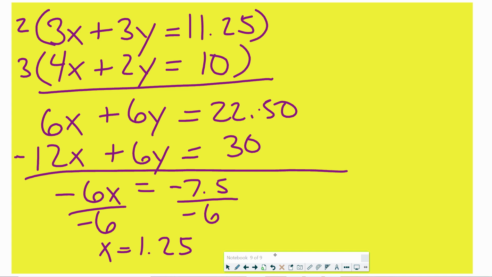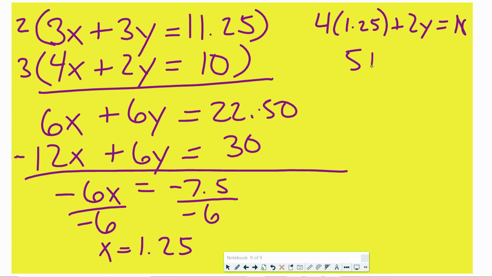All right, so now I'm going to plug it back into my original equation. So I'll use the one with 10. So I have 4 times $1.25 plus 2y equals 10. So 4 times $1.25 equals 5.